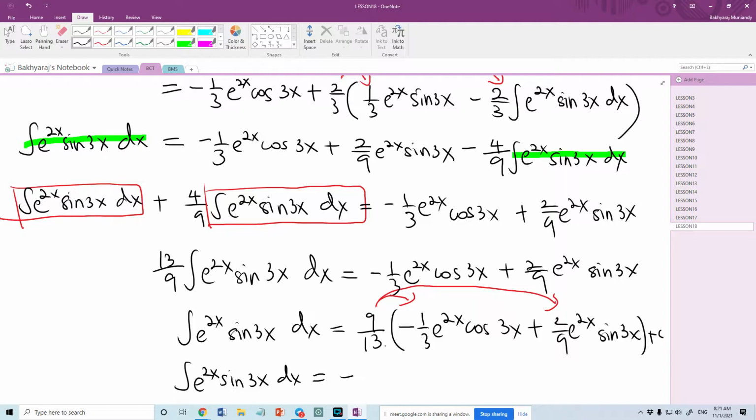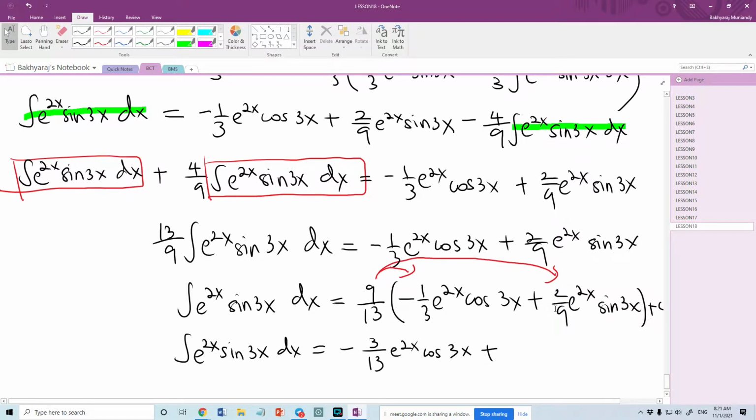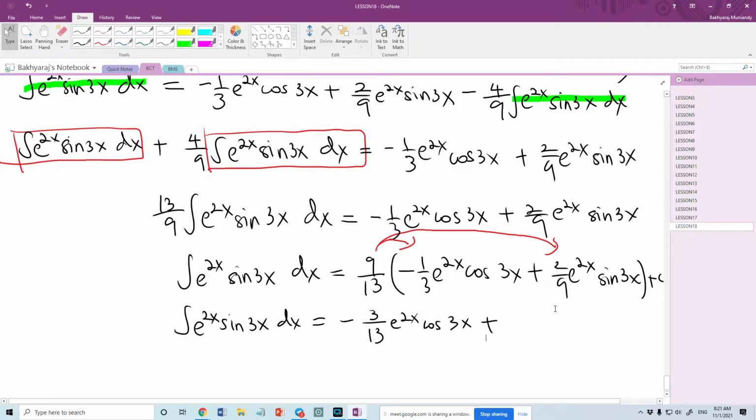So we get negative 3 over 13 exponent 2x cos 3x plus, okay, plus what? Plus 9 over 13 times 2 over 9.